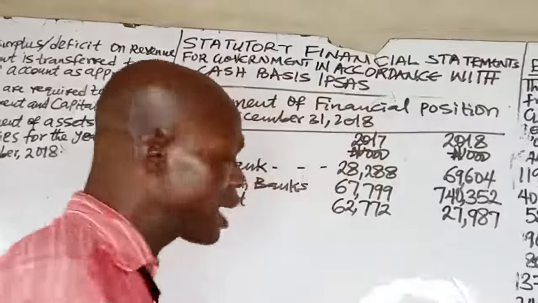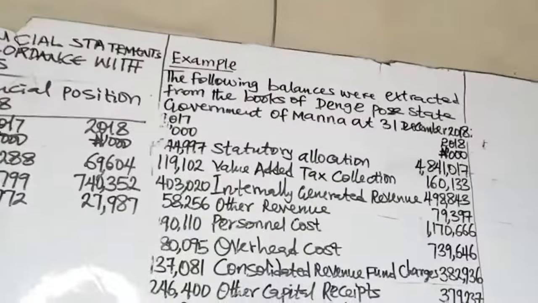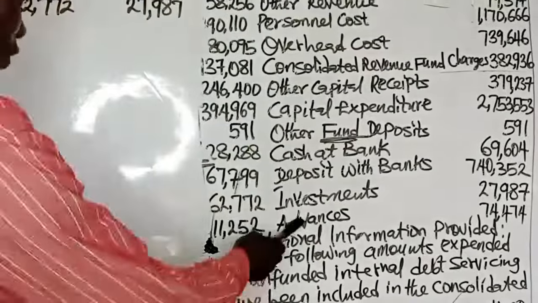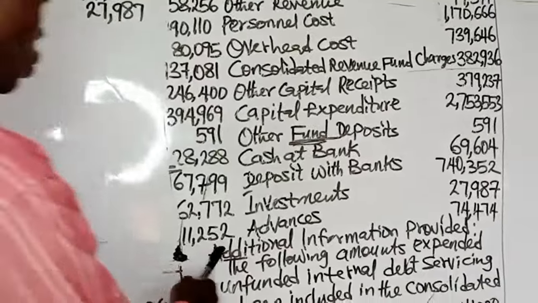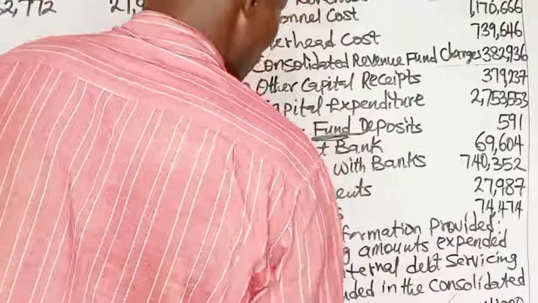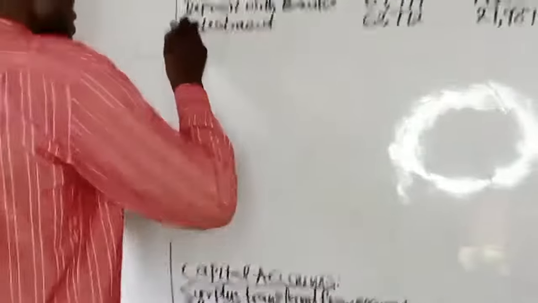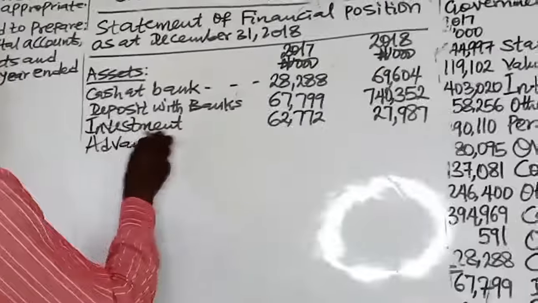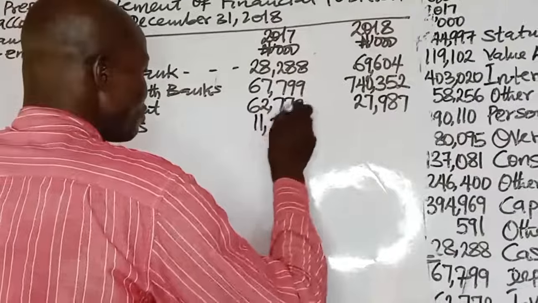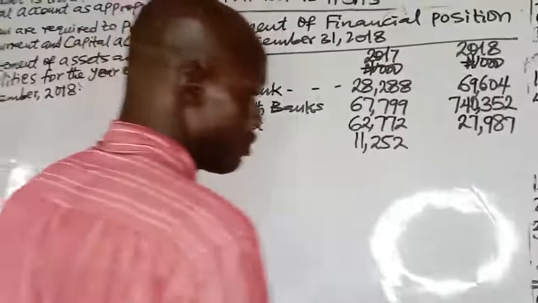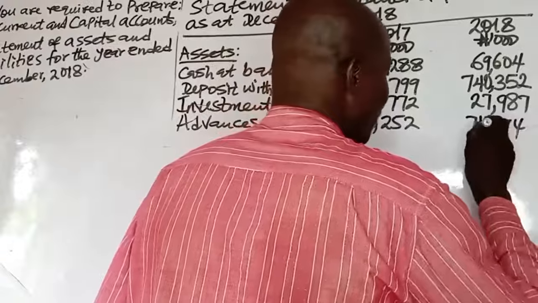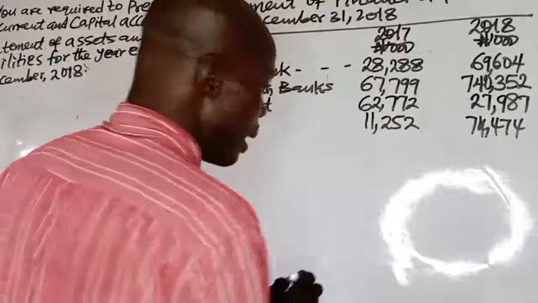After investment, we have advances. Advances, 2017, 11,252. And 2018, we have 74,474. Now, that's all about the assets.